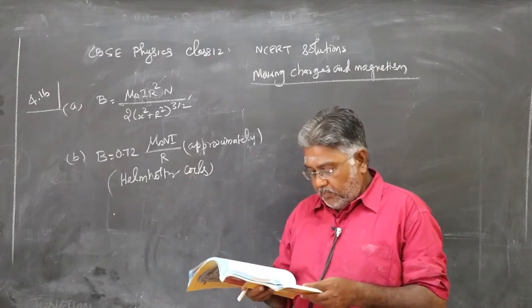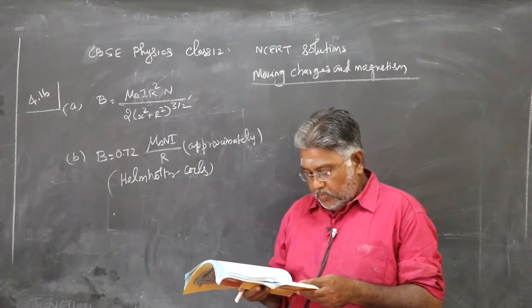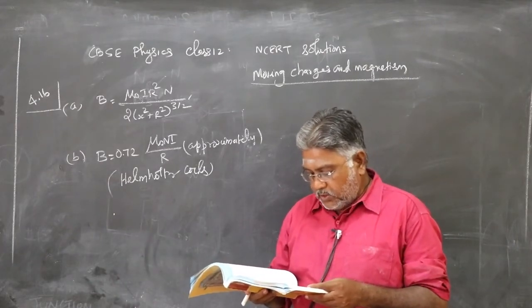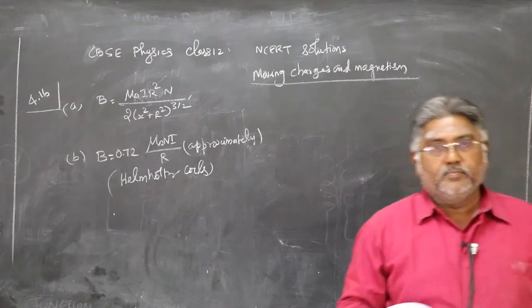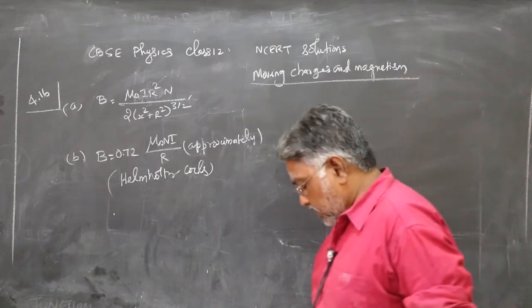Such an arrangement to produce a nearly uniform magnetic field over a small region is known as Helmholtz coils. We see how to do this sum.